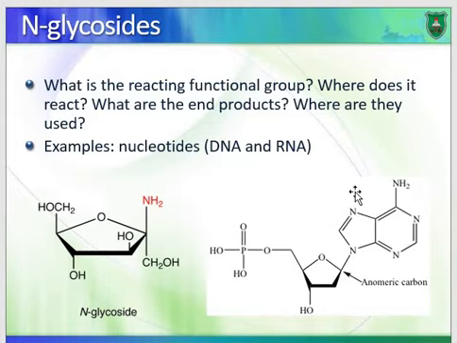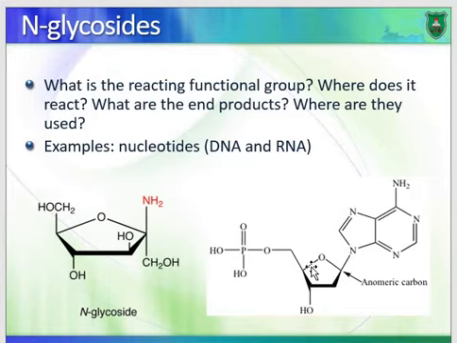Okay. The other type of modified sugars is the N-glycosides, where the sugars have some modifications in which a group with nitrogen is added to it, like an amino group, as you can see in here.